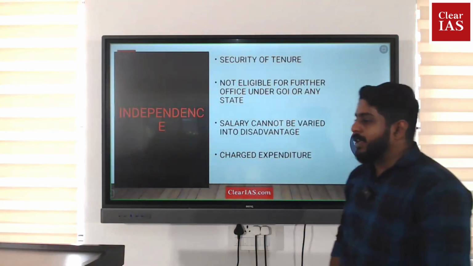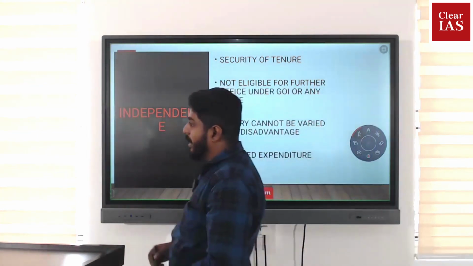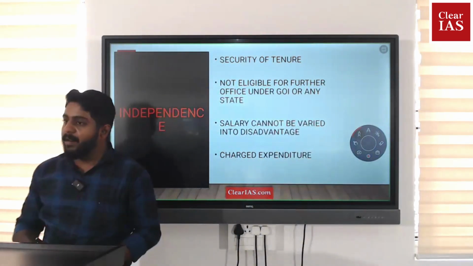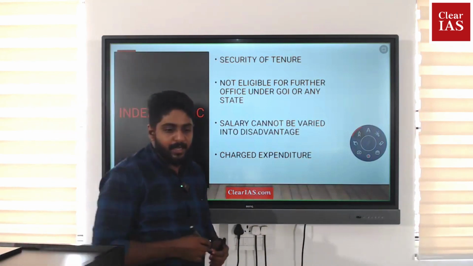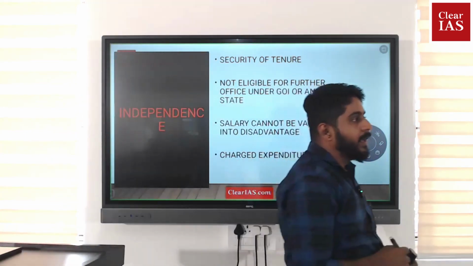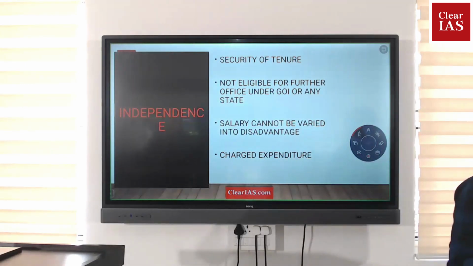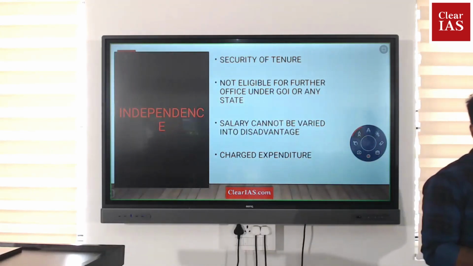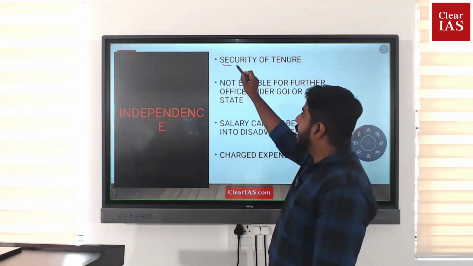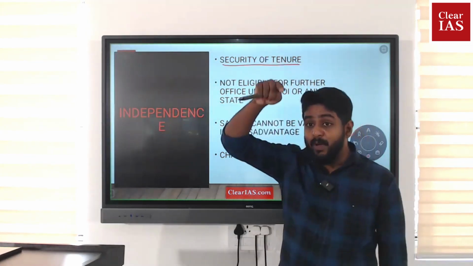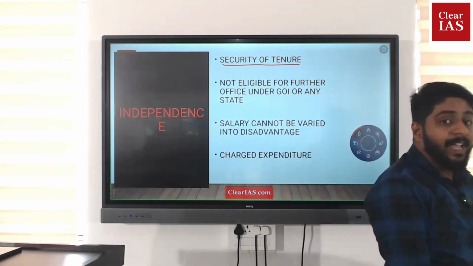Now, it is very important that the Comptroller and Auditor General of India needs to be independent, isn't it? We need an independent Comptroller and Auditor General of India. That is very, very important. So for that reason, our Constitution has provided certain safeguards. Number one, the Constitution has provided a security of tenure for the Comptroller and Auditor General. Why?